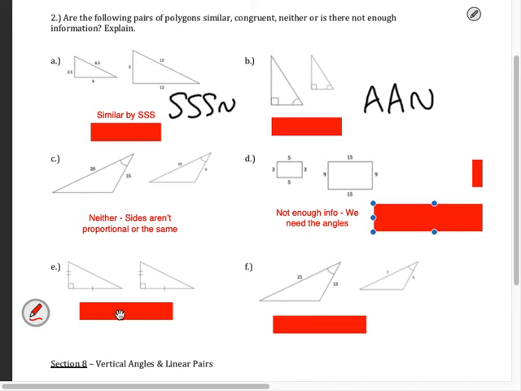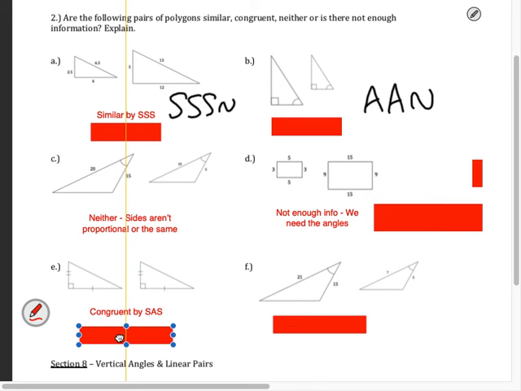On E, I have tick marks, so I'm looking now for congruence. When you have tick marks, we're looking for congruence. Side angle side, side angle side. So we have side angle side congruence. Now on F, I'm checking here, 7 to 21, 5 to 15.